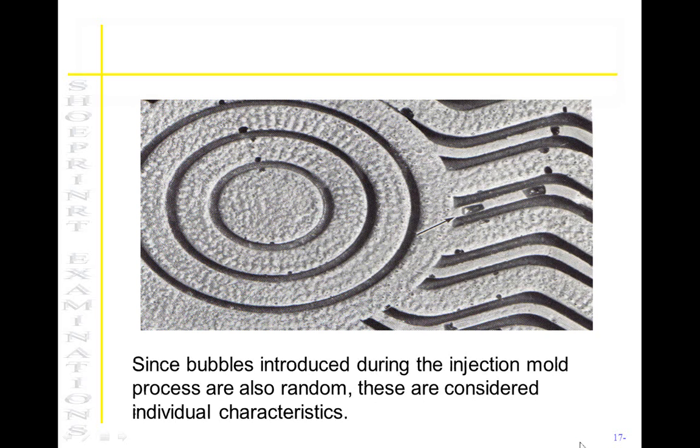And in some instances, bubbles may also be considered individual characteristics. If the bubbles are introduced during the injection mold process, these are going to be very random, and then through the normal wear of the outsole, they may be exposed.